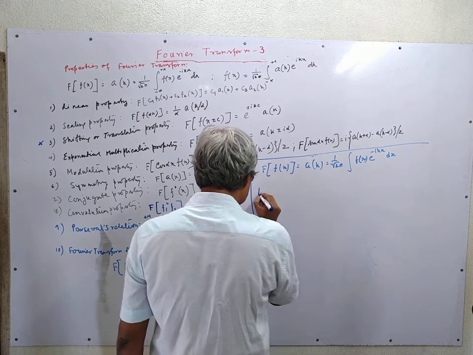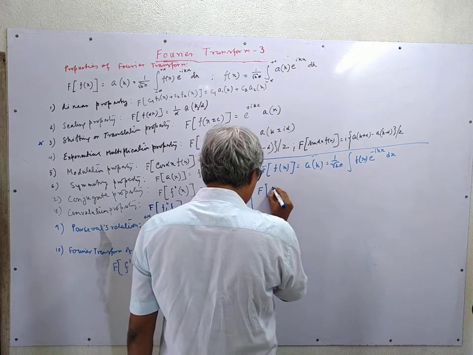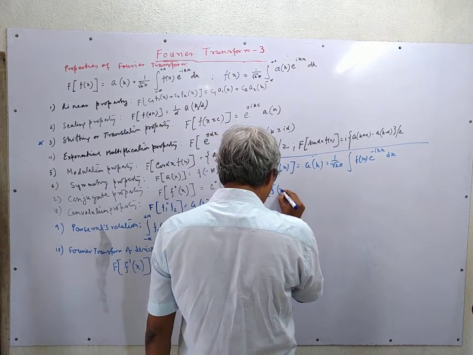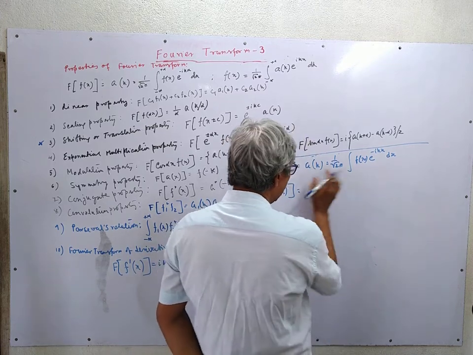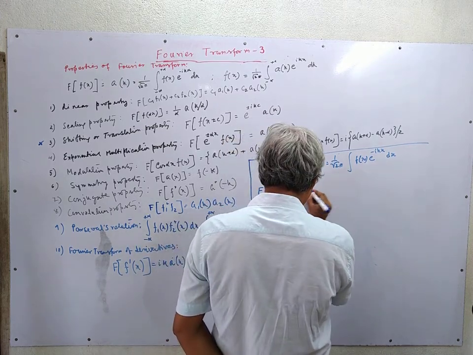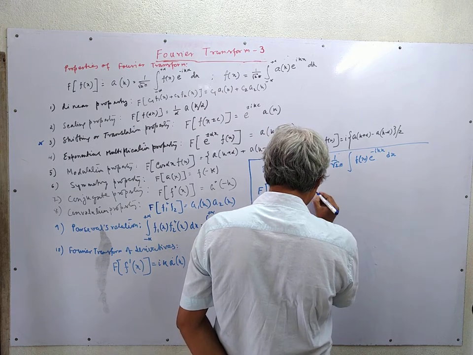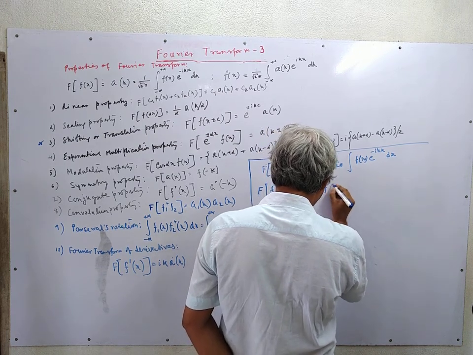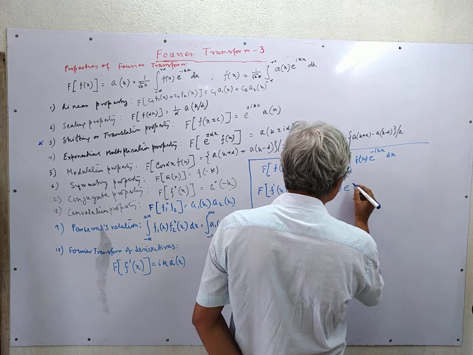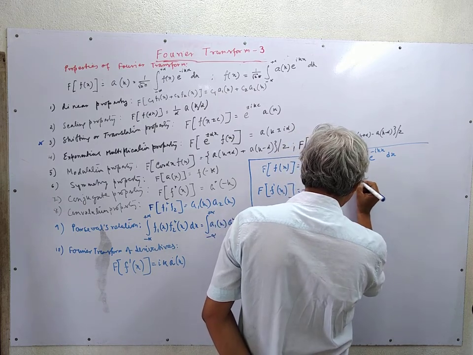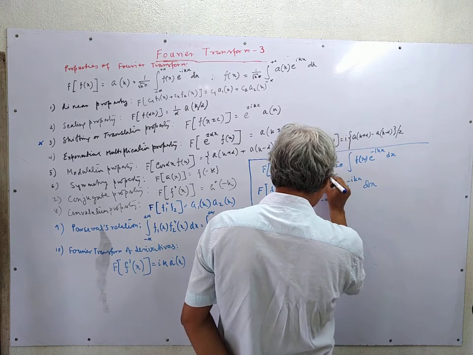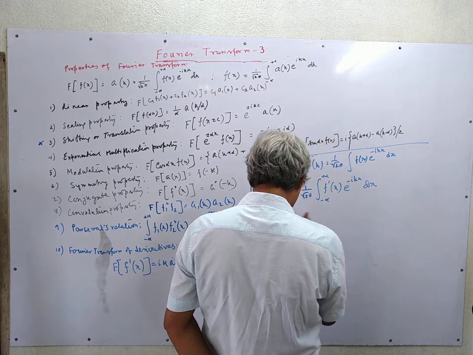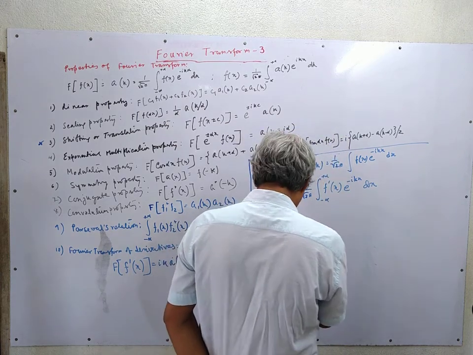So the Fourier transform of f prime of x will be, coming to this definition, we integrate it by parts.